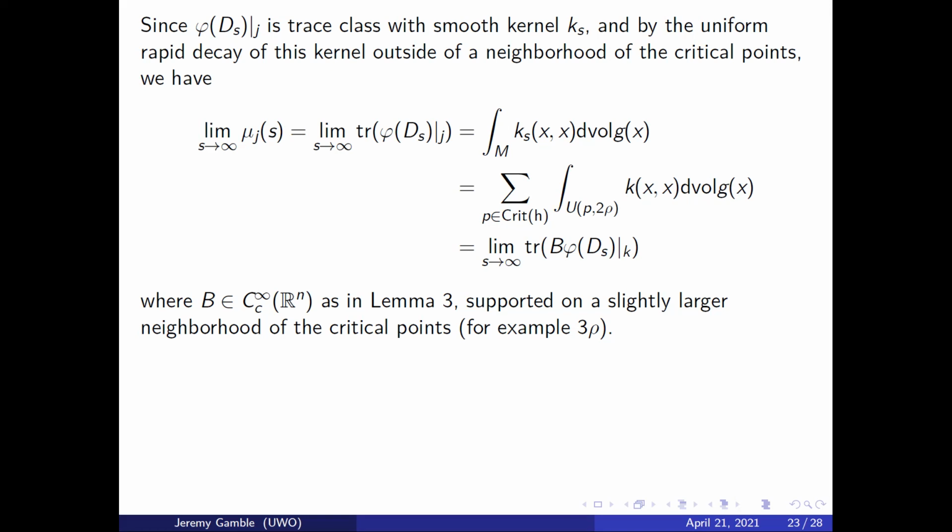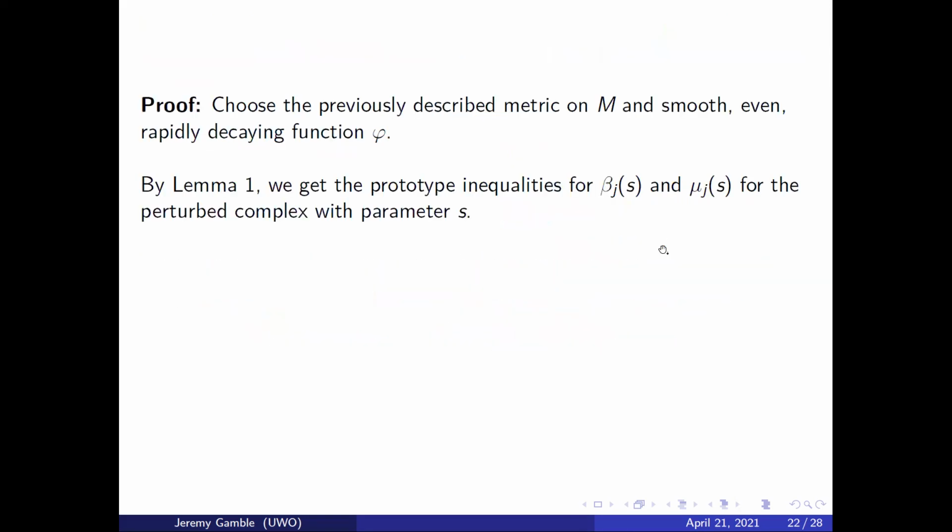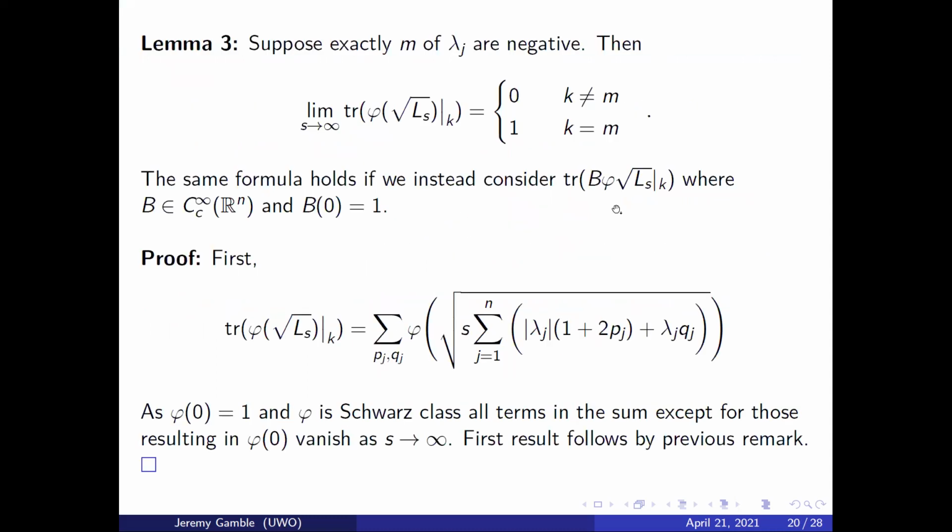We can pick B that way, and then that's equal to this. We also need to take it to be 1 on these neighborhoods. So we extend the support of the function a little bit outside of this neighborhood in order to make this work. And now we're ready to apply lemma 3, because this is basically what we just had. Lemma 3 is we computed this to be 0 if k is not equal to n and 1 if k is equal to n.